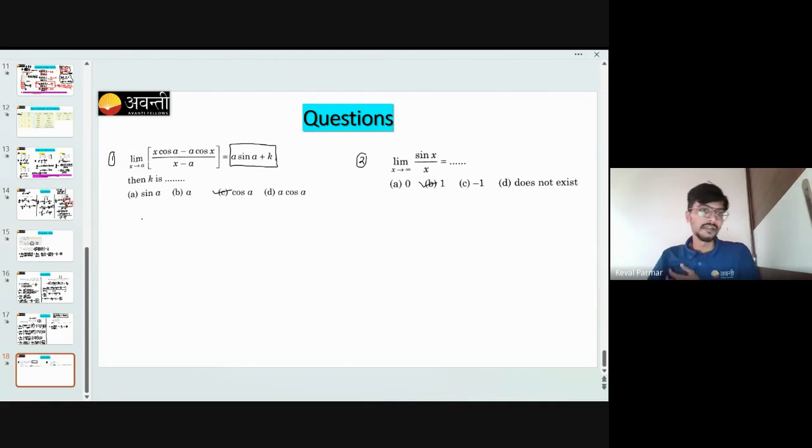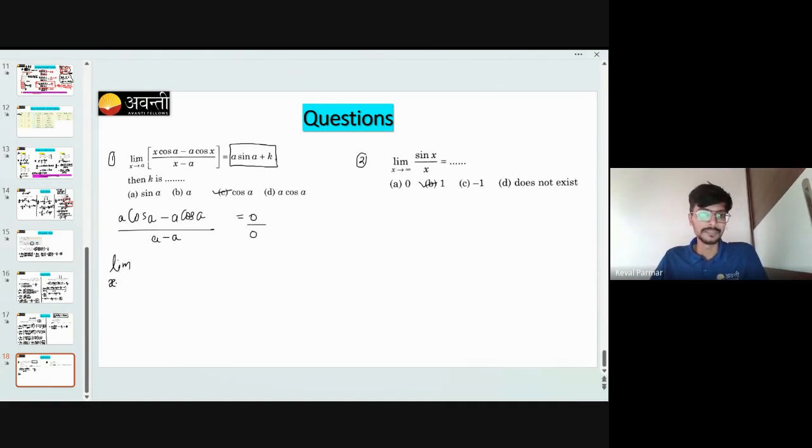If I substitute x equal to a, I get cos a minus a cos a upon a minus a, which is equal to 0 upon 0. If it is a 0 upon 0 form, then it is an indeterminate form. So we need to use L'Hospital's rule.